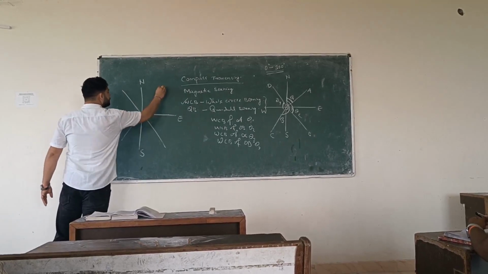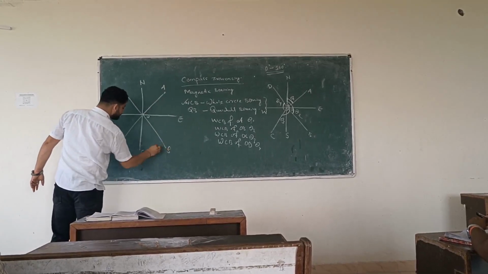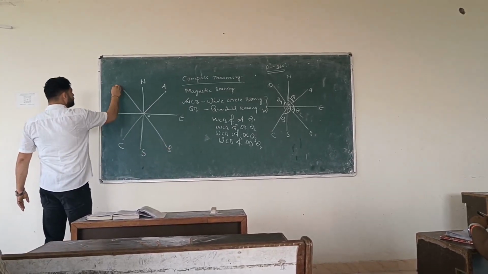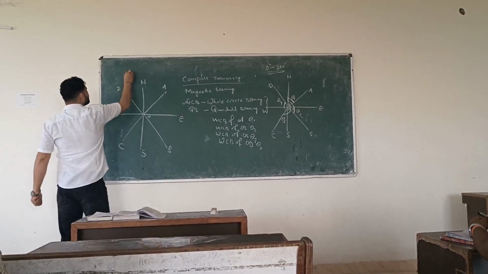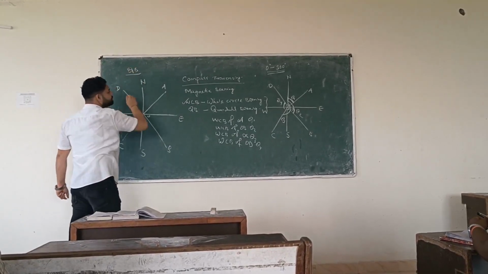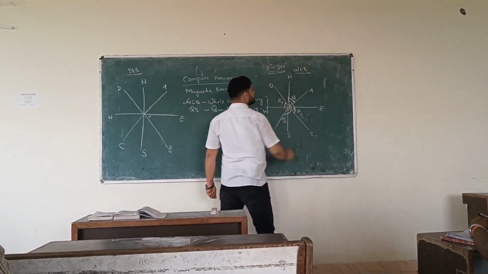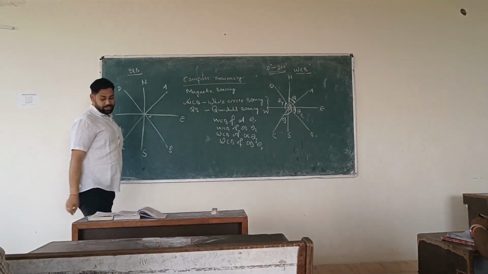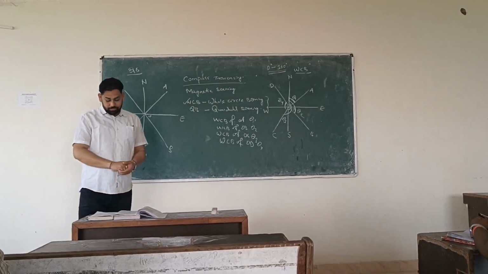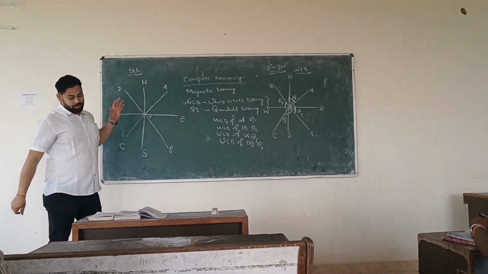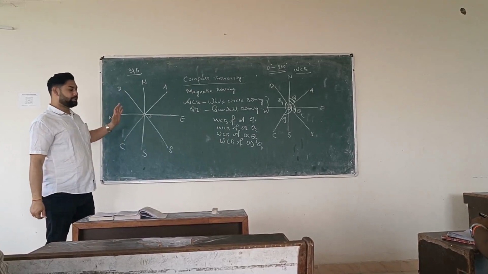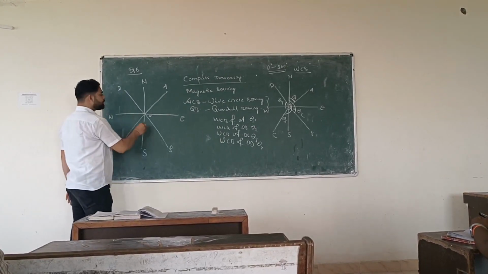Let's suppose this O, OA, OB, OC, OD. This is the QB system, and this is the WCB system. In the QB system also, it is counted from the respective quadrant. It has 4 quadrants.